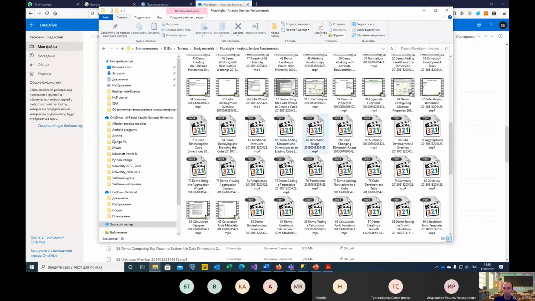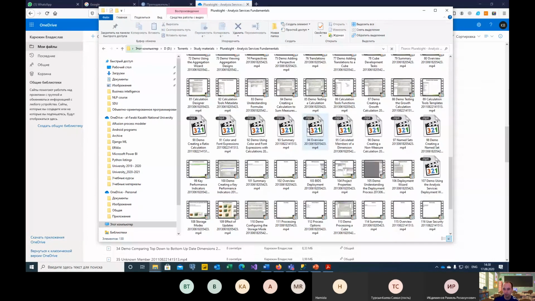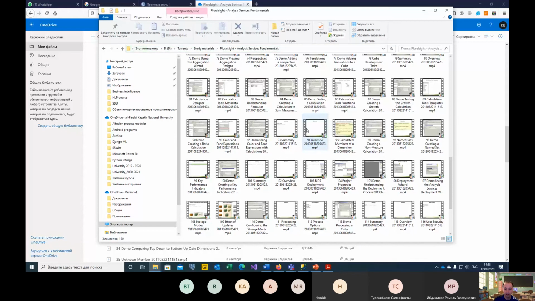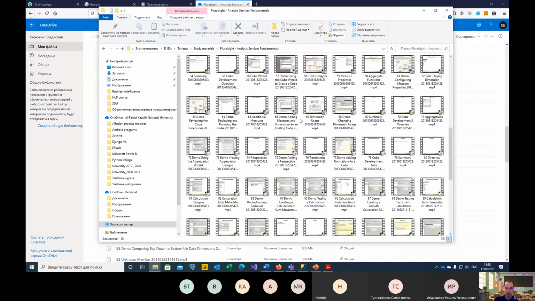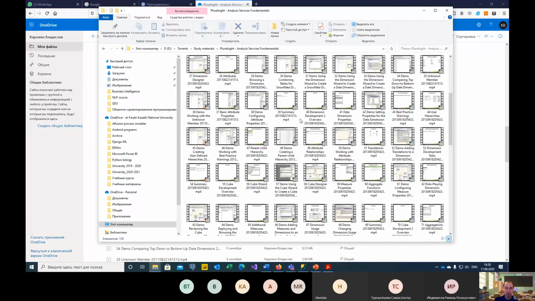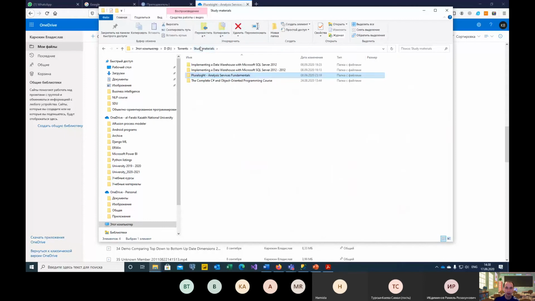There are around 100 videos, everything in detail: importing data sources, building a schema, building measures, and building the dimensions.